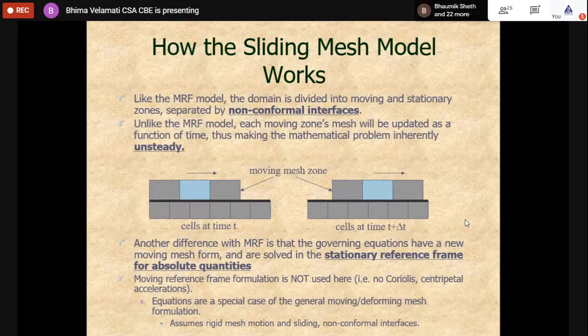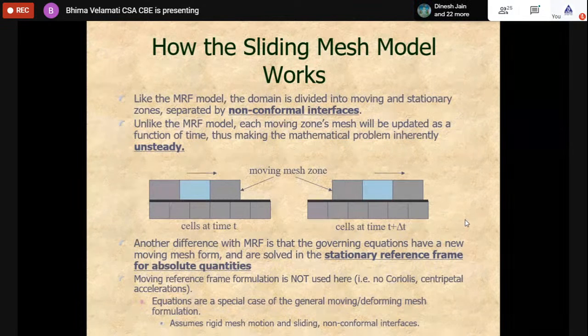Okay. Now, how would you get your centrifugal force and centripetal acceleration? Okay. These two are inherently part of the solution because my mesh is moving. Coriolis and centripetal acceleration both would come because my mesh is moving, either rotating or translating, or a combination of these two. Okay.